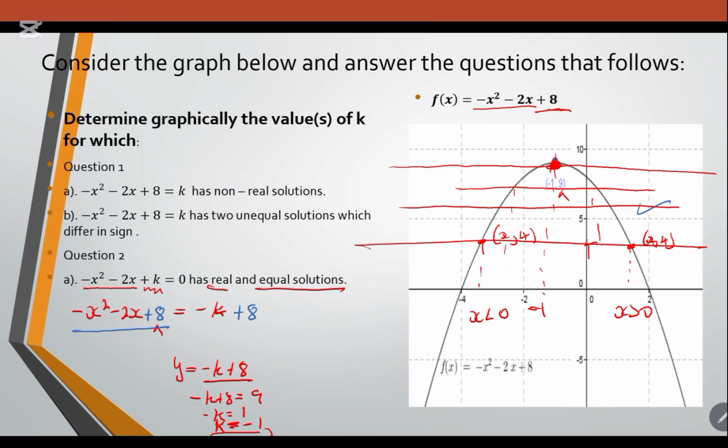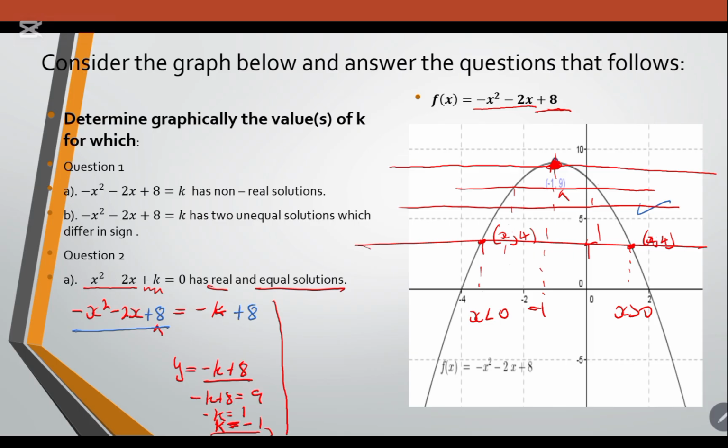One other way of doing this is by using delta. So we're just going to use delta to prove that our value of k is correct. Now, according to the algebraic definition of the nature of the roots, if delta equals 0, therefore the roots of the quadratic equation are equal.